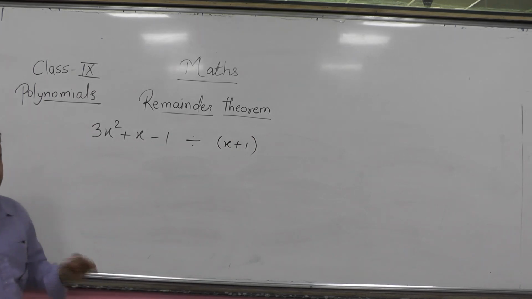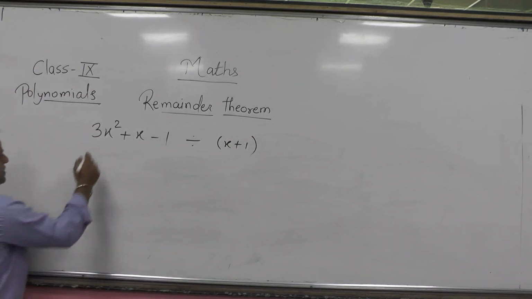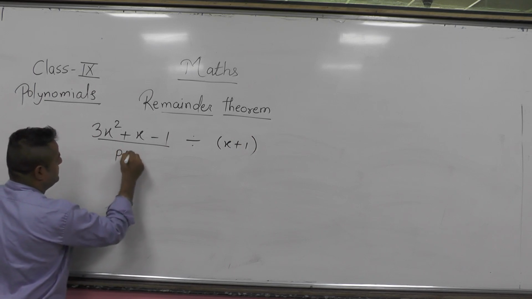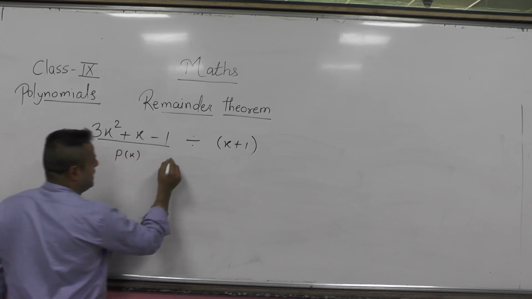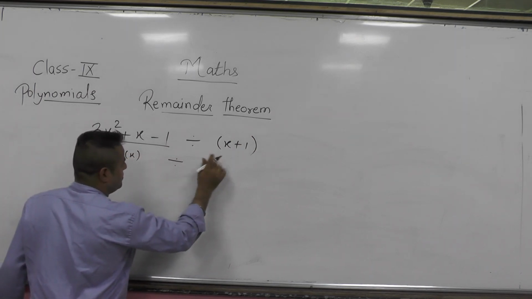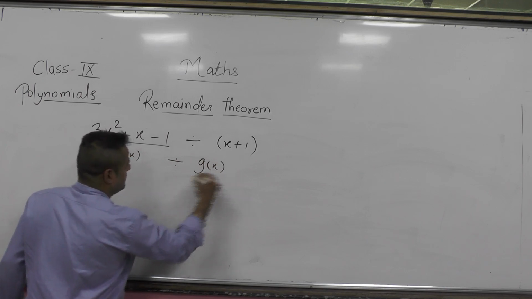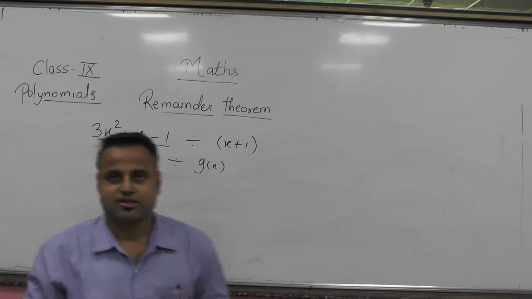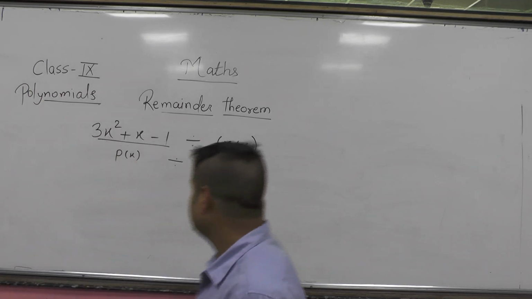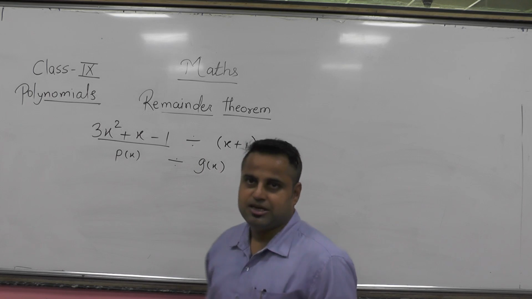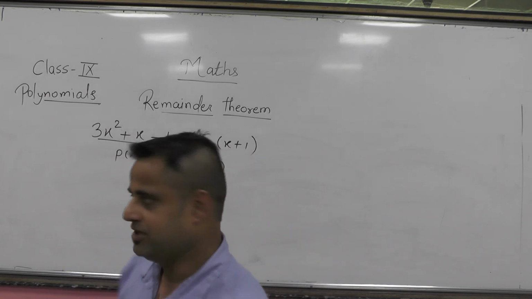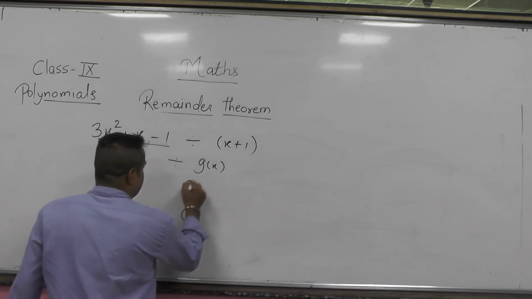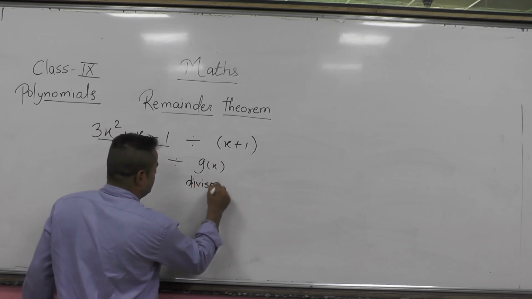Now remember, this polynomial we can call p(x), and this polynomial we call g(x). Because p(x) is the polynomial of x which is divided by g(x). g(x) is the divisor, remember this.